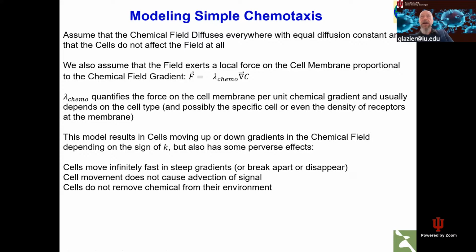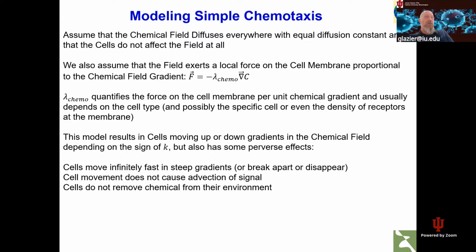But I'm pointing out that there are some situations in which we know that this isn't going to work properly. And so we want to be aware that this very, very simple model of cells responding to chemical gradients may not be sufficient. Just the way when we had the target volume too big compared to the target surface, the cell would get frozen.